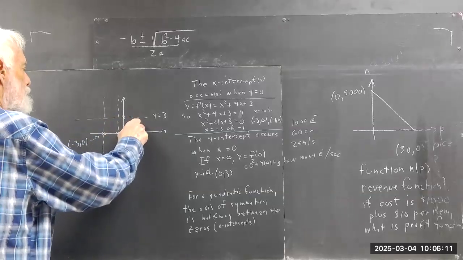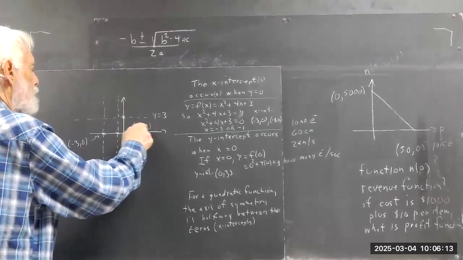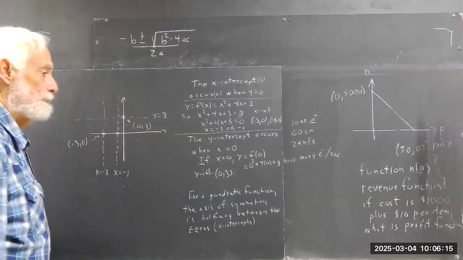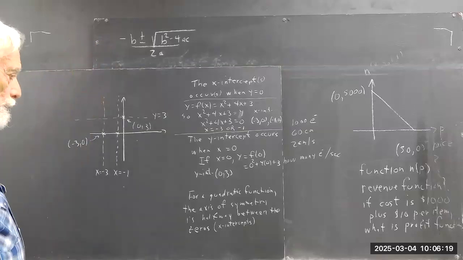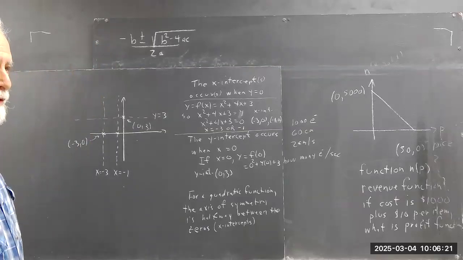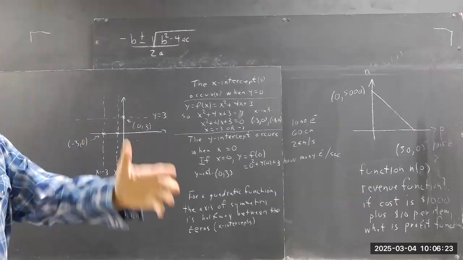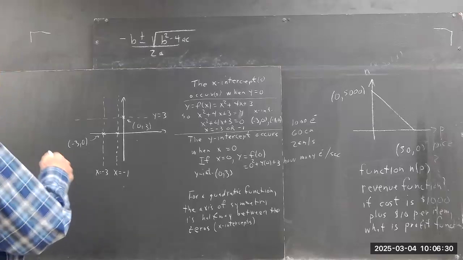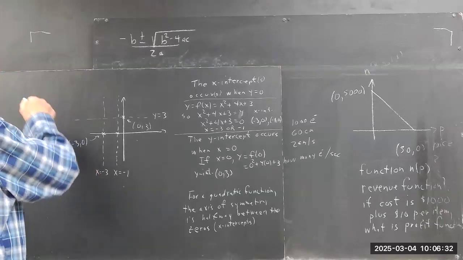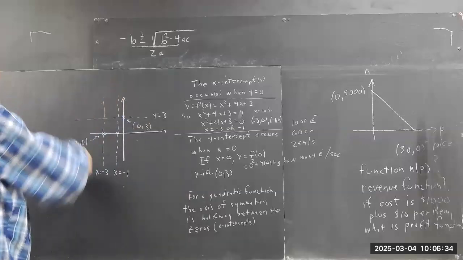And here's our point, 0, 3. Now what do we do? We draw a parabola through these points, which y'all did beautifully. Okay? I said, draw a parabola through the points.